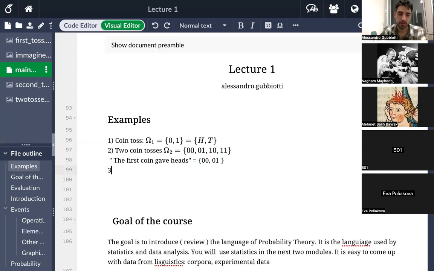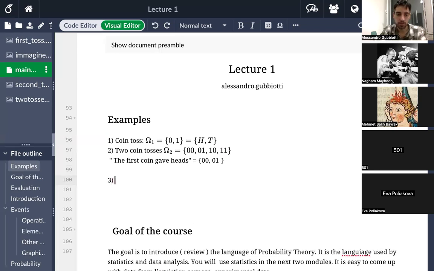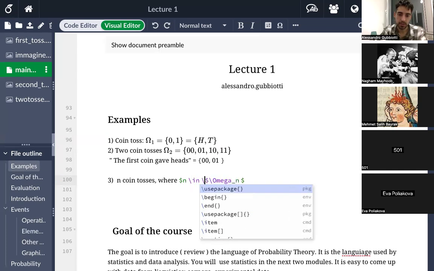Then we skip omega 3, and we go to a general n, simply to get you used to mathematical notation. Omega n is the space of n coin tosses, where n is a natural number.